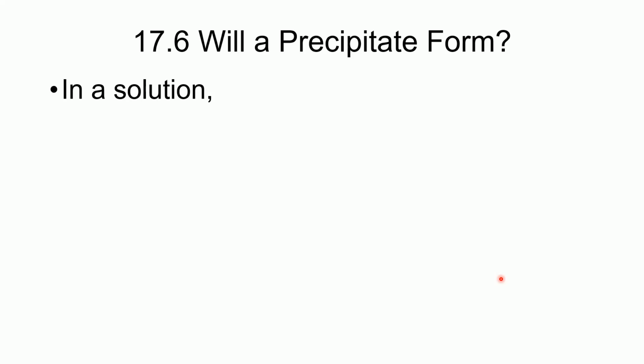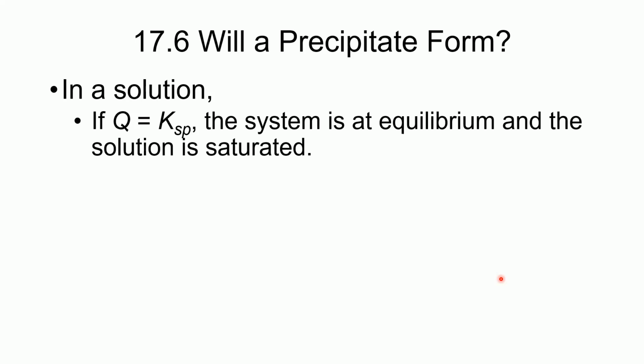Okay, so let's look at this. If you have an equilibrium reaction and a solubility product constant, you can figure out a reaction quotient Q. We talked about Q way back in chapter 15, and Q shows up again. Q is the same expression as K, but not necessarily at equilibrium.